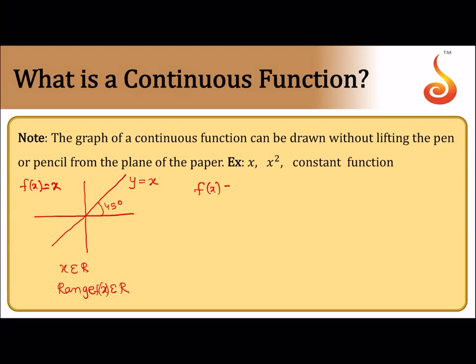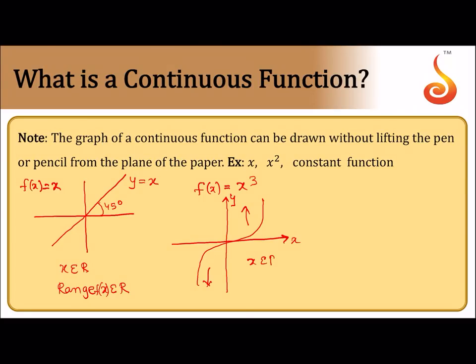f of x equal to x square we already discussed. This is f of x equal to x. Now, f of x is equal to x cube we will discuss. If I draw x cube, the graph is like this. It is concave down, concave up.